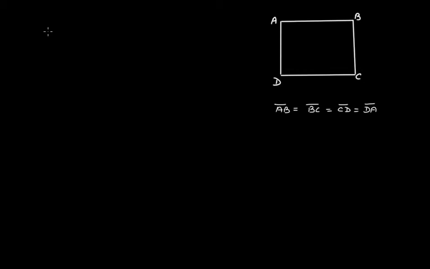Now if we have to find the perimeter, then we know that the perimeter of a square is actually 4 times the length of a side.